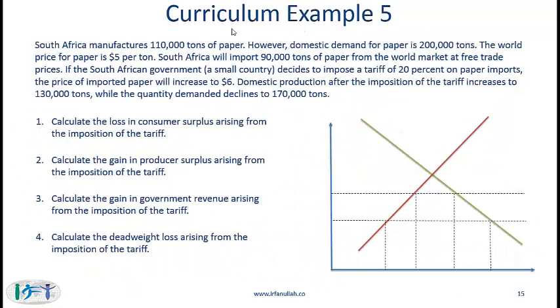Now let's work through this particular example, and this is example 5 from the curriculum. I think this material is very testable because effectively what is happening here is that we are testing material from this reading as well as from earlier readings. And if you think about it, on your exam, there are only 24 questions from economics.